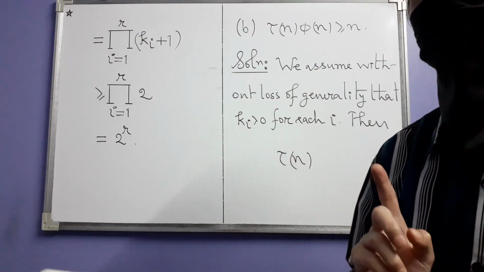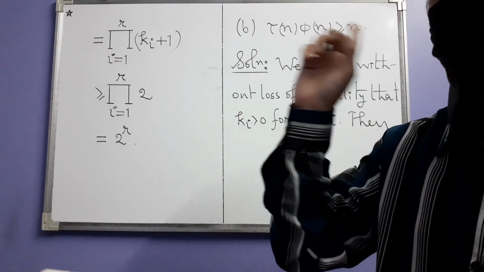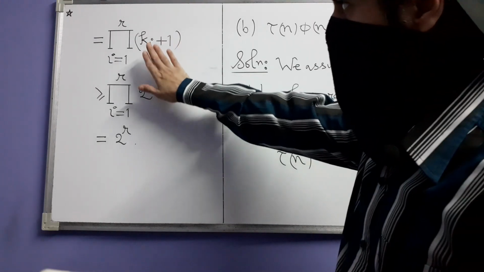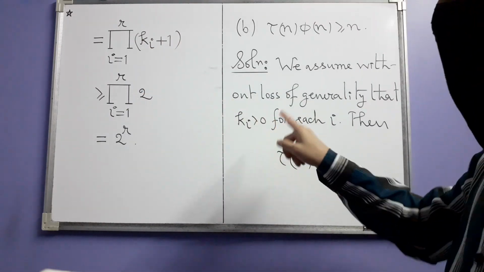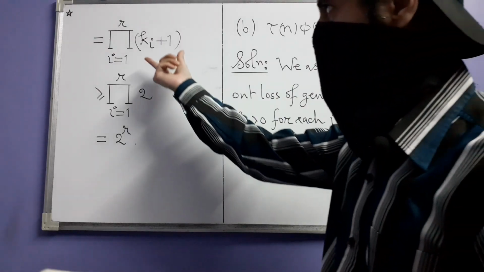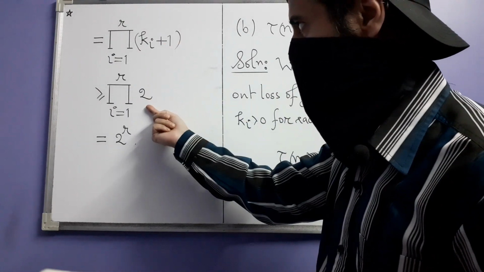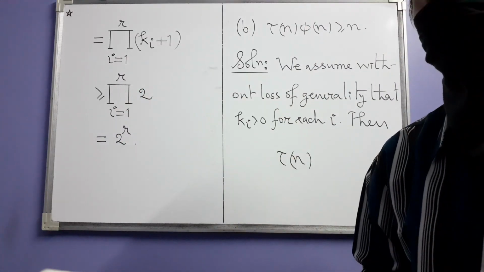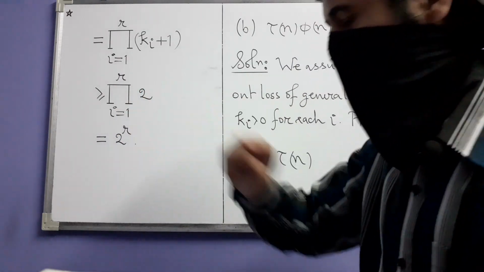We recall the formula for tau of n from back then when we discussed this for the first time. So then, if each ki is a positive integer, then each ki is at least 1. So that makes each ki plus 1 at least 2. So here you are looking at the product of r copies of 2. So this is equal to 2 to the power r.